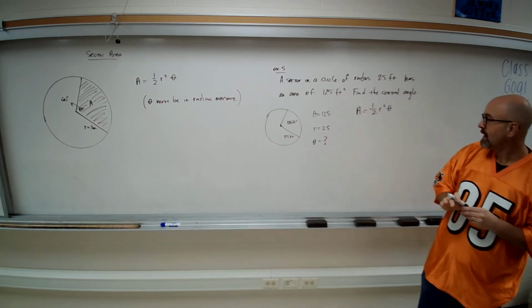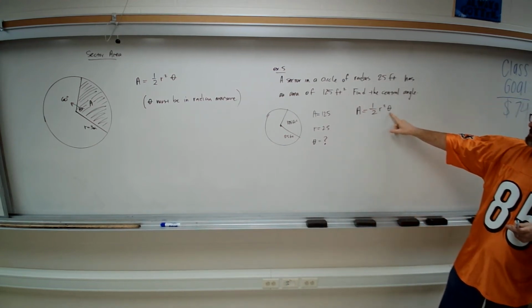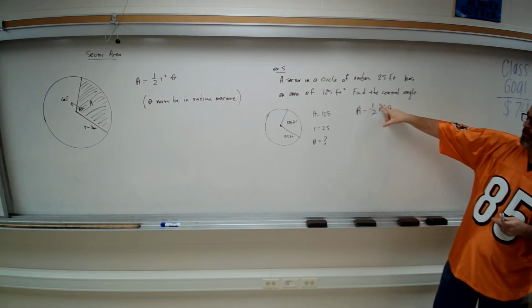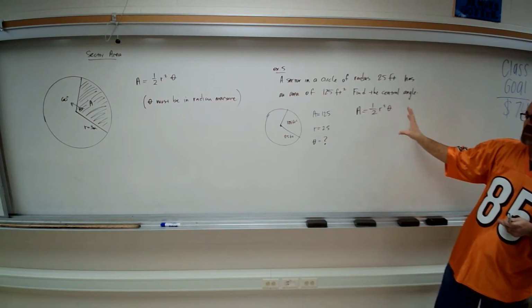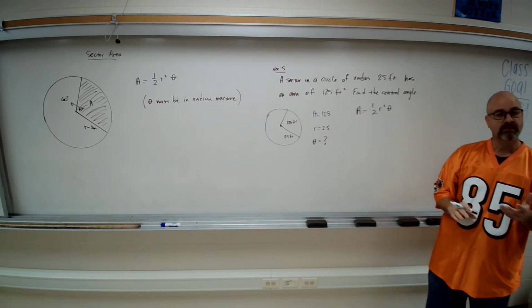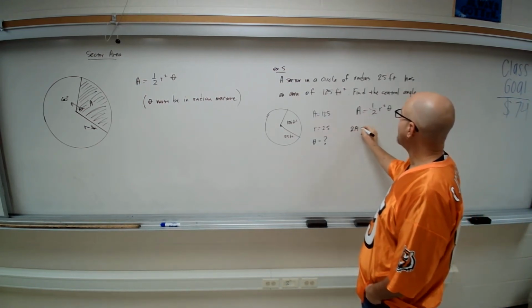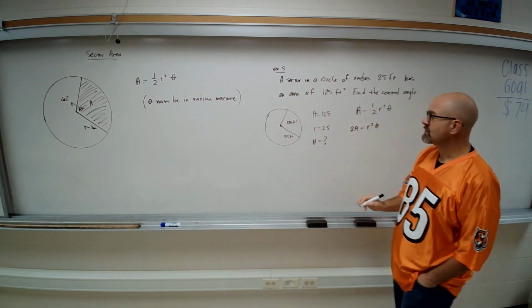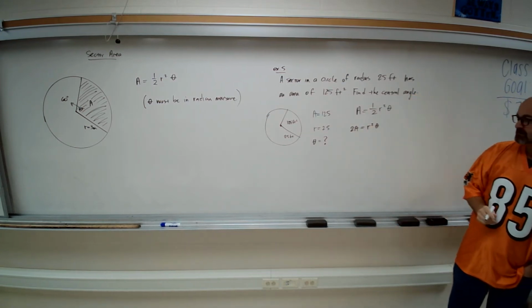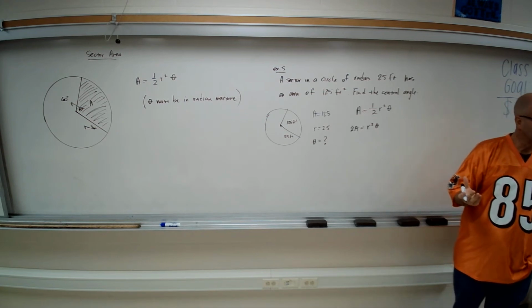So what I'm going to do here is get theta by itself. Remember, it's being multiplied by a half, so let's multiply both sides by 2, the reciprocal. When we do that, we get 2A equals r squared theta. Again, I just multiplied both sides by 2.